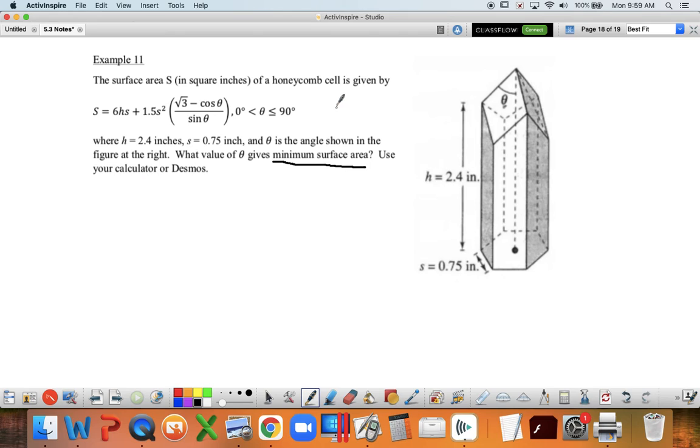So we're going to have to use Desmos on this one, or your calculator. Notice they want the answer in degrees. So if we're using our calculator, we need to be in degree mode. If we're using Desmos, and I'll show you how, we also need to be in degree mode, because by default Desmos is in radians.